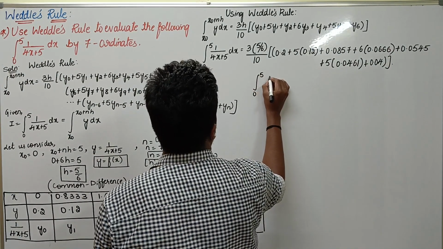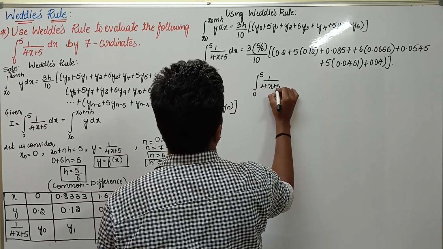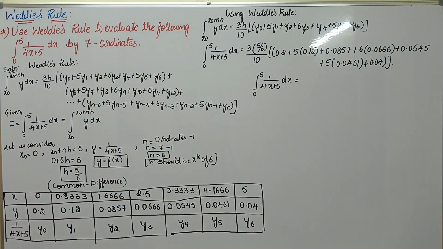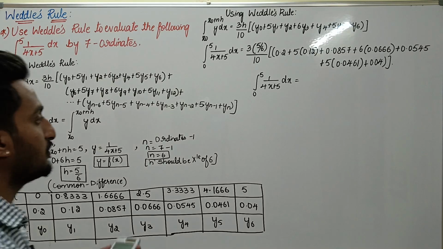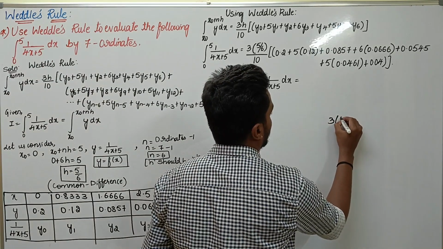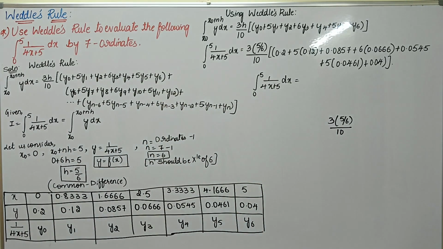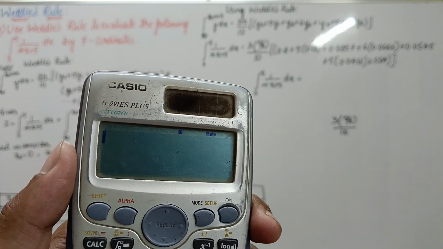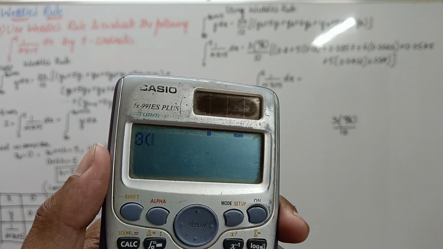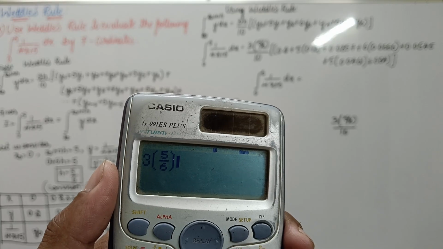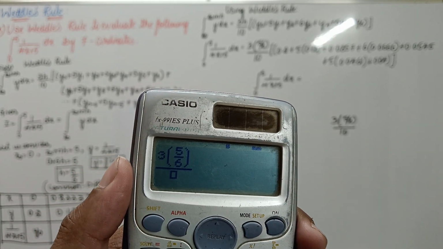The integral from 0 to 5 of 1 by 4x plus 5 dx is equal to, by using the calculator. Before that, let us represent the value of 3 into 5 by 6, divided by 10. We are going to use the calculator: 3 open bracket into 5 divided by 6, whole divided by 10.